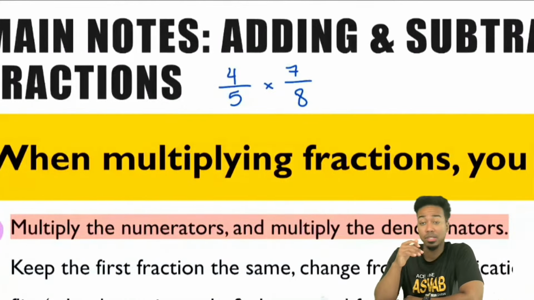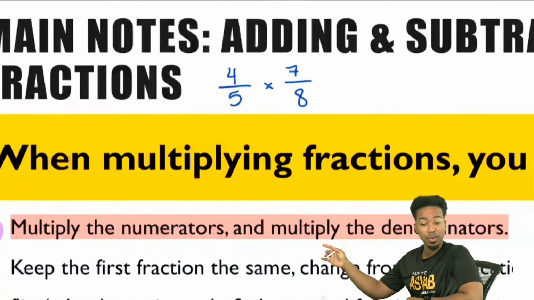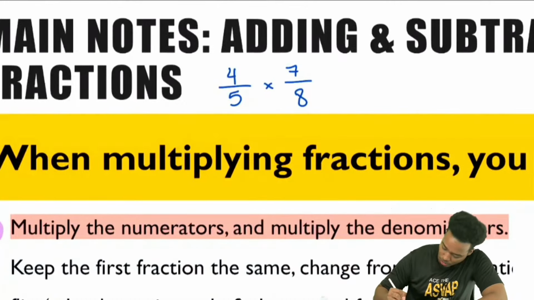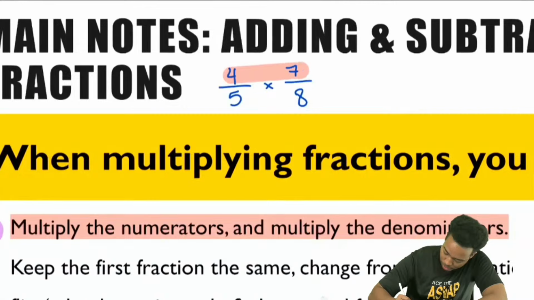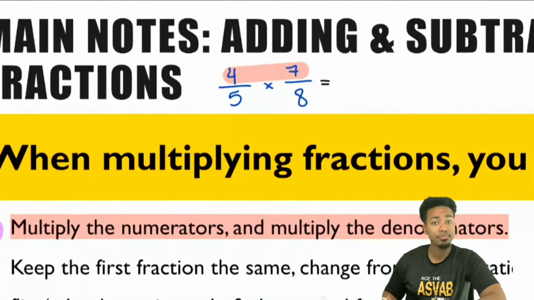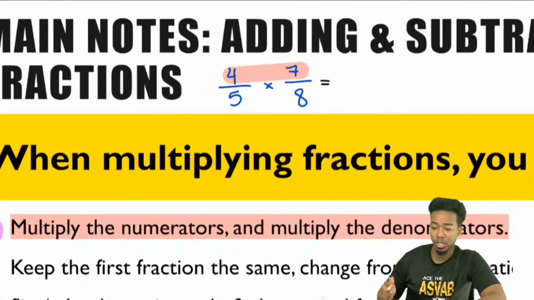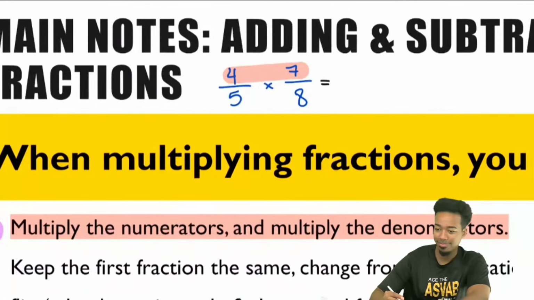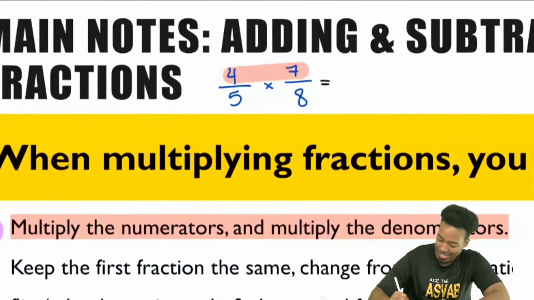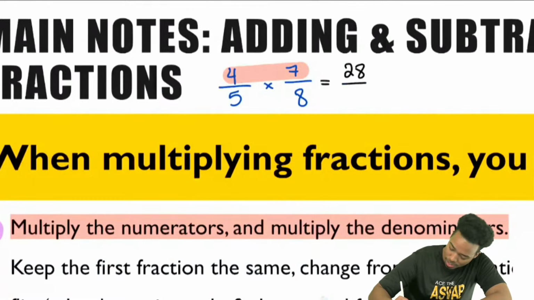Now, what this means, when it says multiply the numerators right here in red, all that means is, hey, we're going to take these two and multiply them. Everybody, 4 times 7 is going to be what? Yep, that's going to be 28. And then in the denominator, let me just highlight that right there.